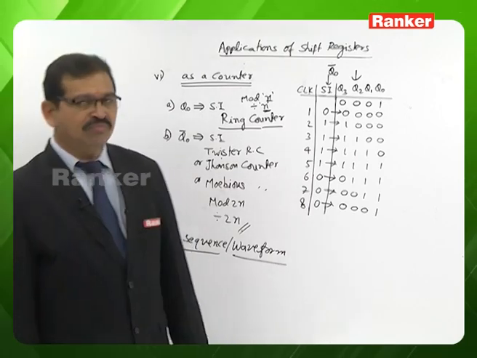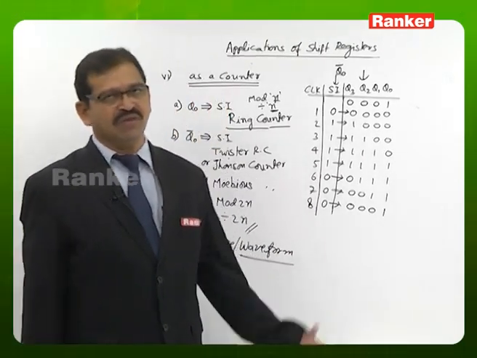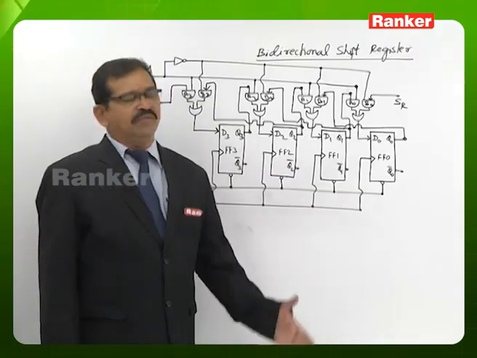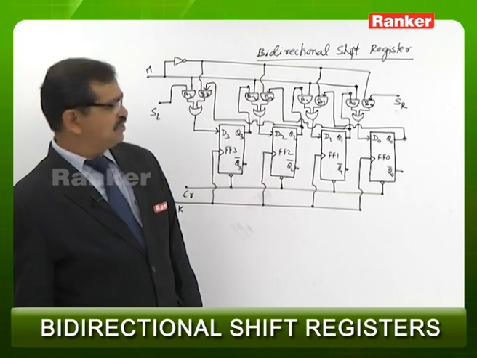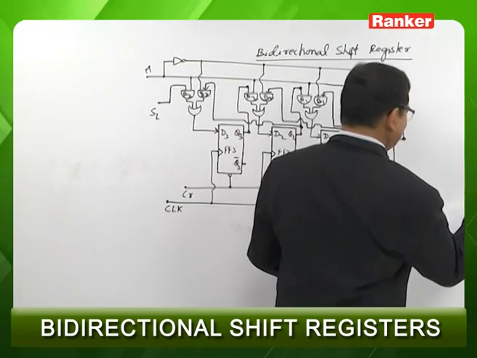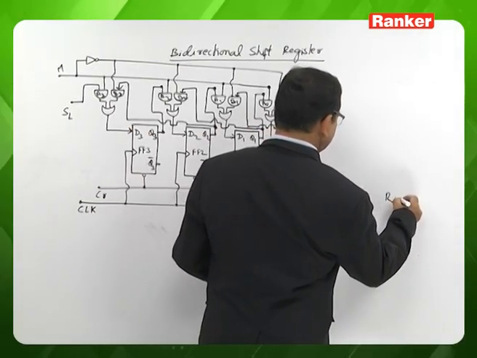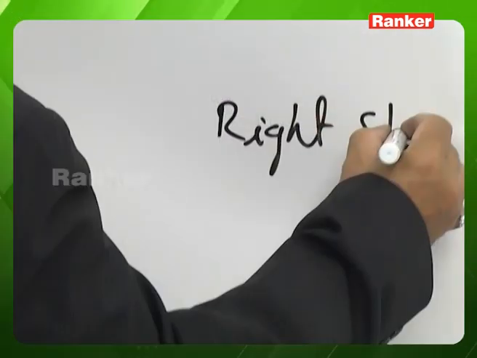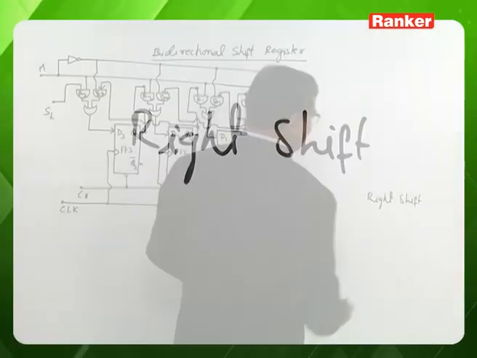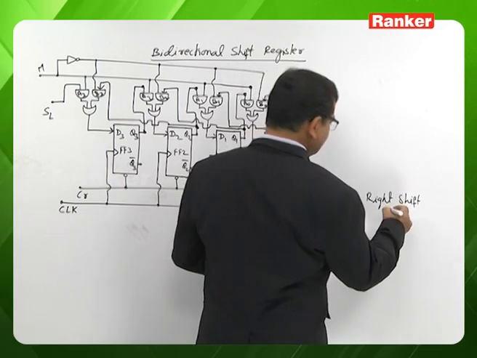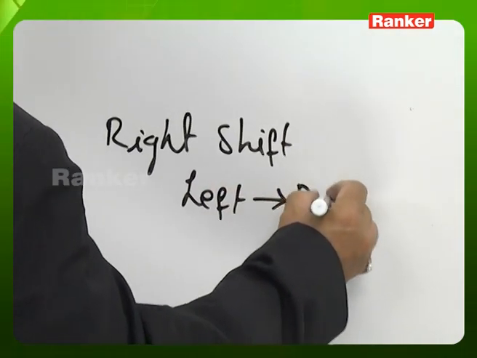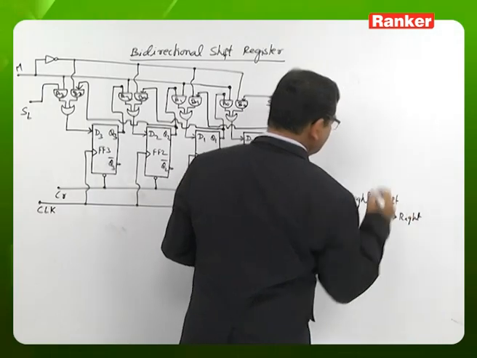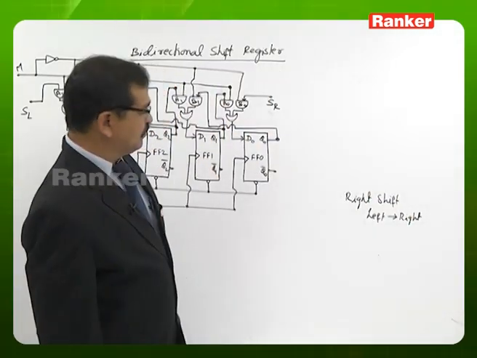So these are a few important applications of the shift register. In all the registers we discussed till now, we looked only at right shift operation. We recognize the data was shifting from left to right, so those registers were right shift registers.